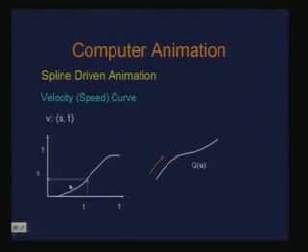Okay, so 1, 2 and 3, that's the third step. That would locate your point here. Fine. So we can incorporate this velocity curve to locate points along this curve. Okay. And this itself could be a spline curve.